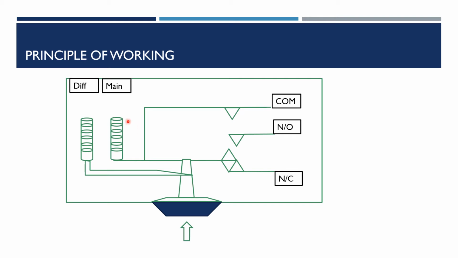I'm gonna go one by one in order to understand the principle of working of this pressure switch. I hoped to have a moving image, but I didn't find one, so I just drew this in order to understand how it works. So basically we have three terminals: common, normally open, normally closed.